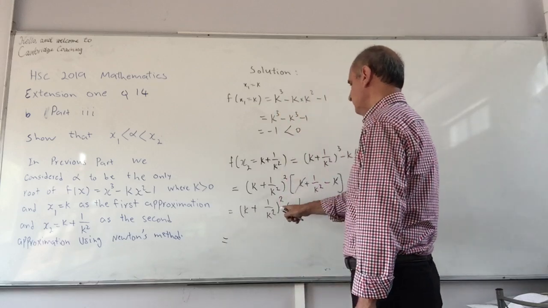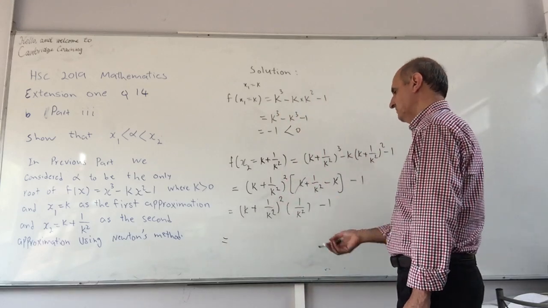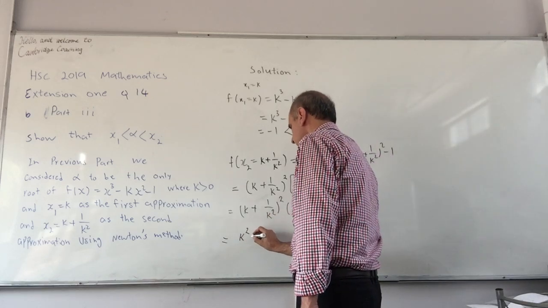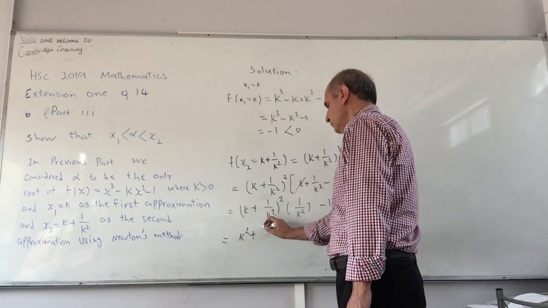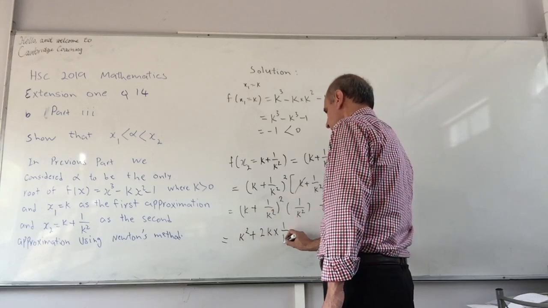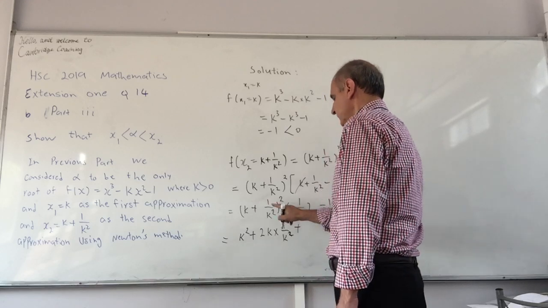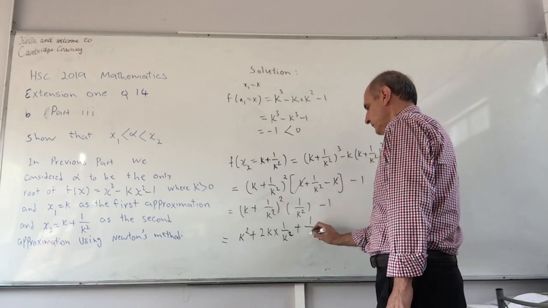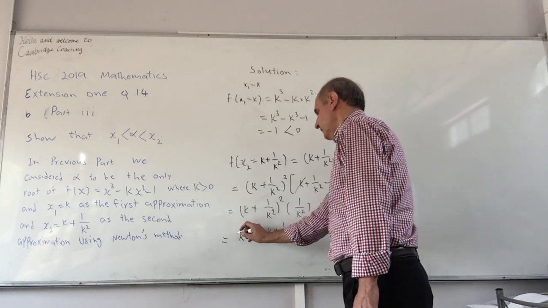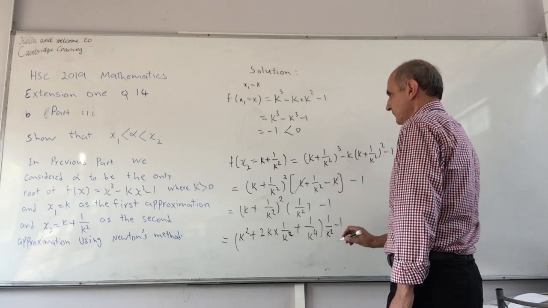Again, I can expand this and multiply by that. Yeah, probably have to do that. So k squared plus 2 times k times 1 on k squared, then plus 1 on k squared, squared, which is 1 on k to the 4, and all of that is multiplied by 1 on k squared minus 1.